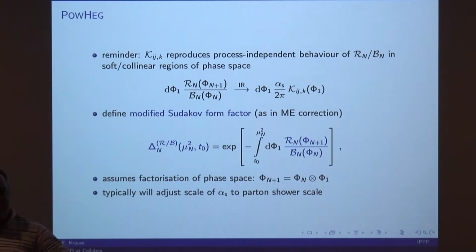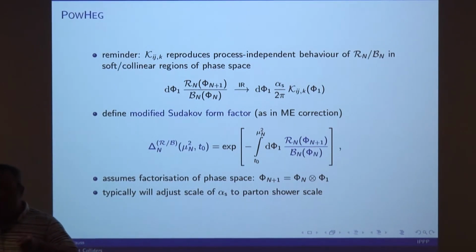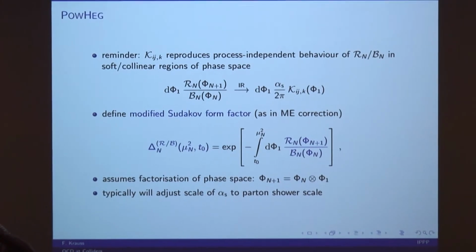We make a jump of 10 years now. I explain it with POWHEG, because POWHEG is pretty much just matrix element correction, and I will then explain MC@NLO. Historically, MC@NLO came before POWHEG, but pedagogically, I like the reverse order better.